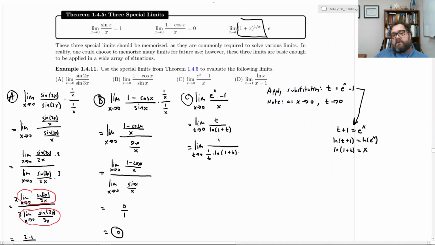Okay, do you see where I'm going with this? Now, we recently used the properties of logarithms whenever we were solving logarithmic differentiation exercises. So if I give you that hint, do you see where we're going? Remember the power property of logarithms.